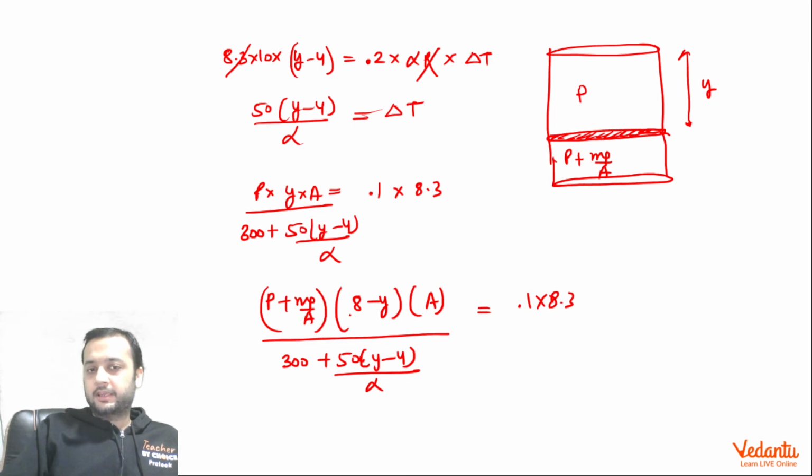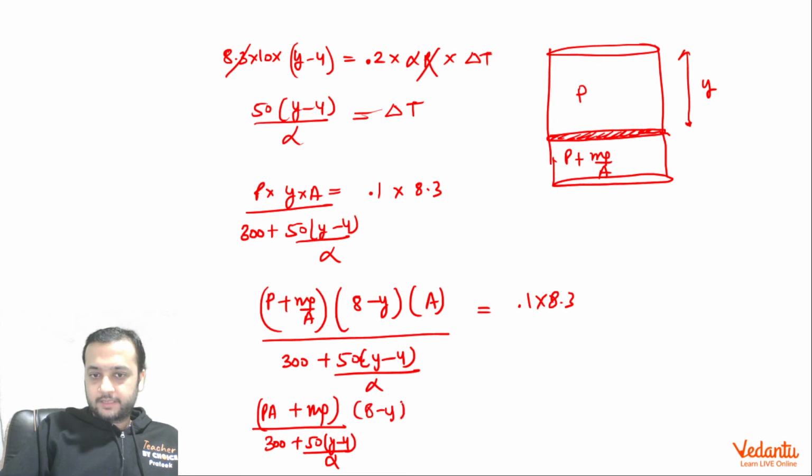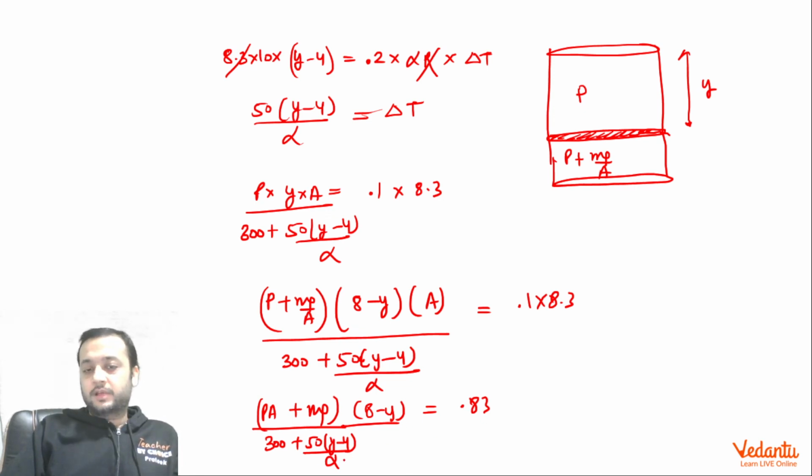So (PA plus mg) whole upon this T final, 300 plus 50 into (y minus 4) upon alpha, into (8 minus y), will be equal to 0.83. So the PA value we already know in terms of y. So if you substitute it over here, it is easy to see that the whole equation would come in terms of y. Only alpha is an unknown variable.